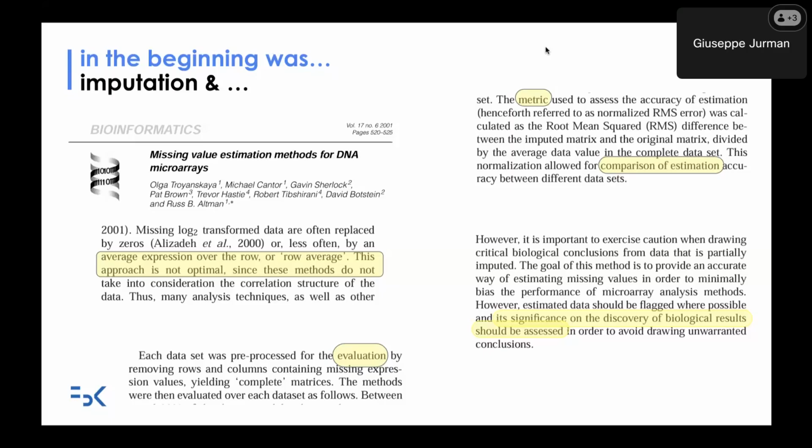So this is one essential problem that started 25 years ago, but it's very fashionable even today, because obtaining a good metric for assessing the significance of the discovery of biological results is key to relying on good synthetic data in any kind of application.